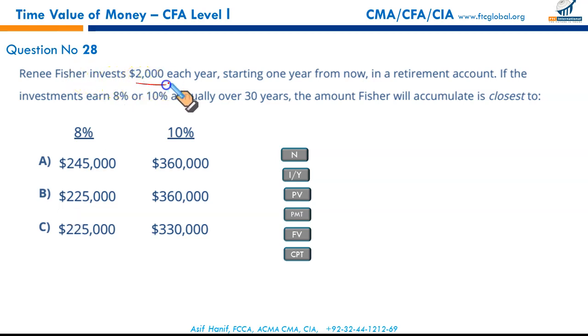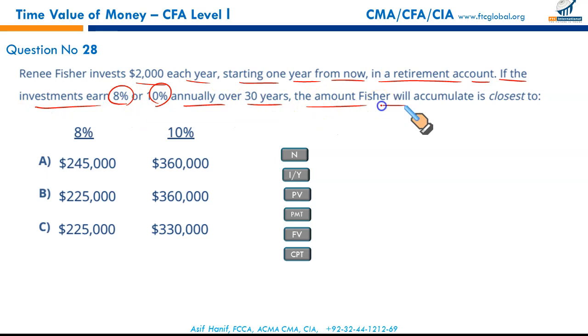Rini Fisher invests $2,000 each year starting 1 year from now in a retirement account. If the investment earns 8% or 10% annually over 30 years, the amount Fisher will accumulate is closest to what under these two streams? In case of 8%, 30 payments, 8% interest, present value 0. The payment she will make is $2,000.